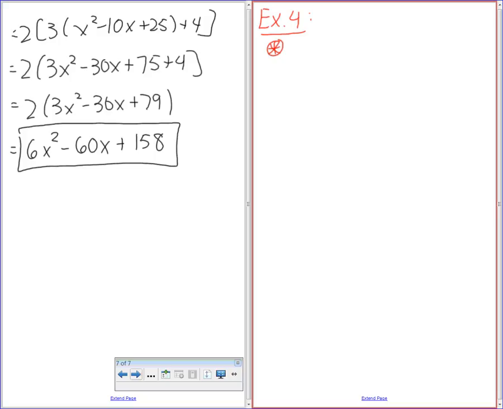Example 4 says, if f of x, this is a big question. Do you guys want to do this together or by yourselves? Together sounds good, all right.